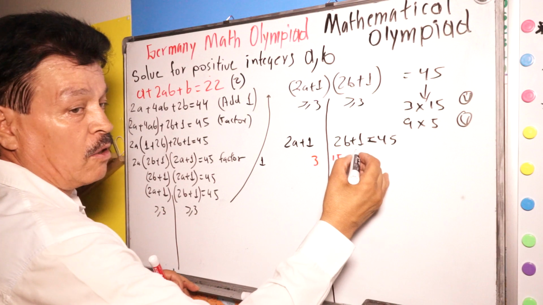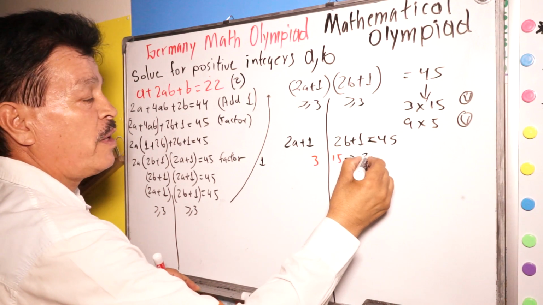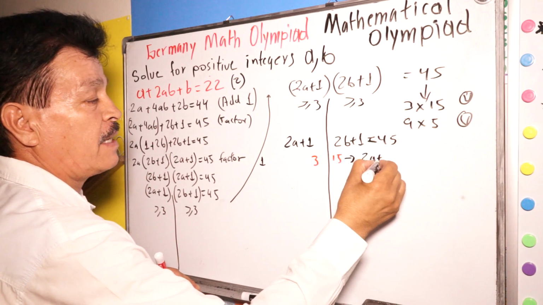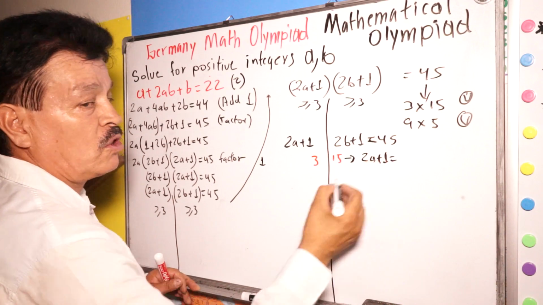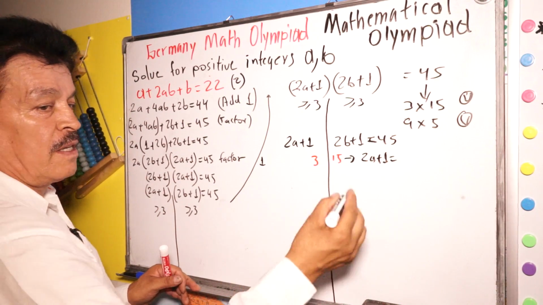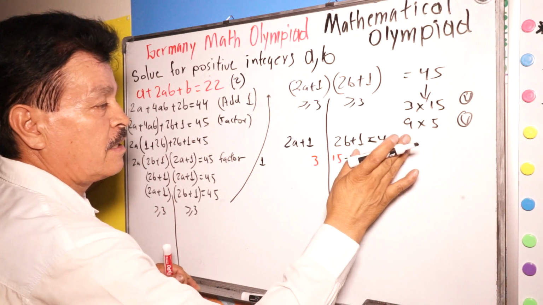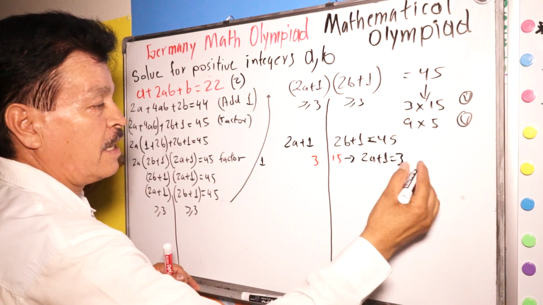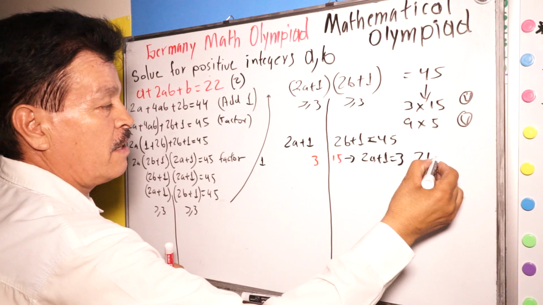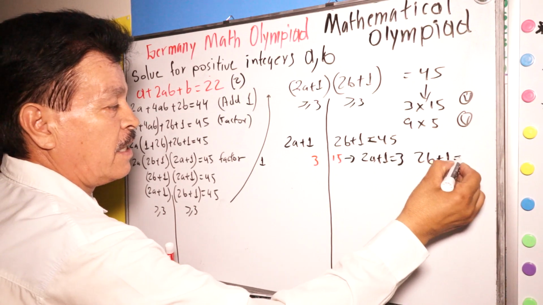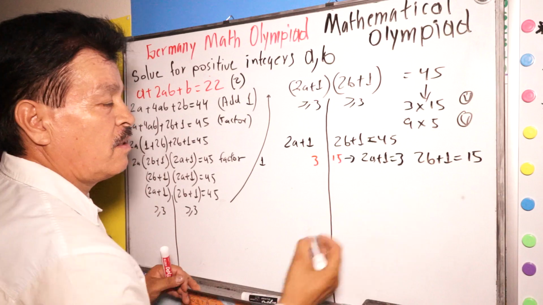Okay. So we are going to have 2a plus 1 equals 3, and then 2b plus 1 equals 15. All right.